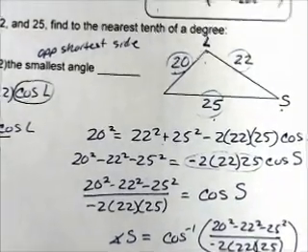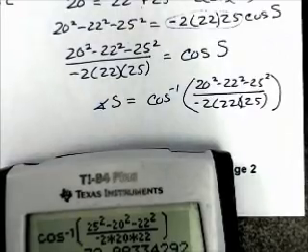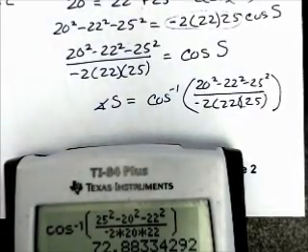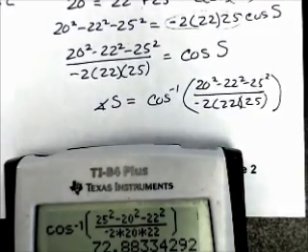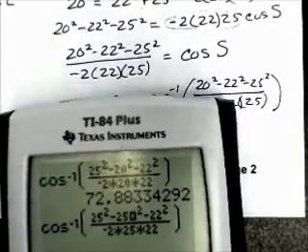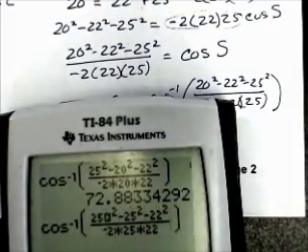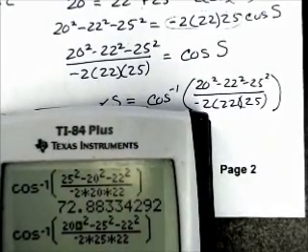Sometimes to save time, since I have cosine already up in my calculator, I can bring it up and just change the numbers. The 20 needed to be first: cosine inverse, 20 squared minus 25 squared minus 22 squared, over negative 2 times 25 times 22.